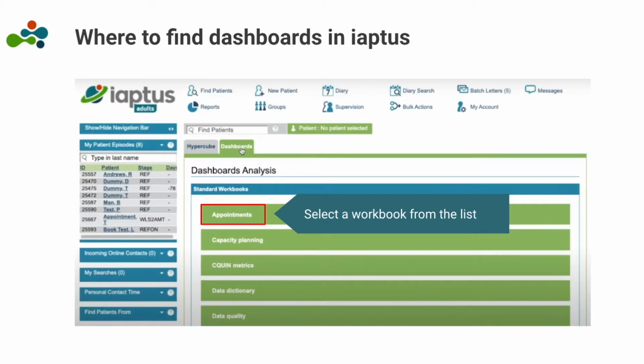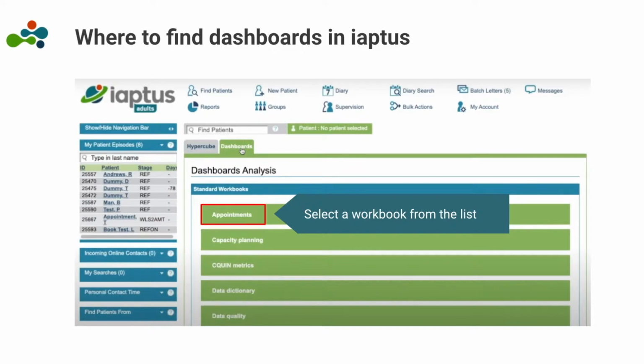When you click on the tab, you won't necessarily see the same set of workbooks in this list as another service. There is a set of basic workbooks covering activity at patient, referral and discharge and contact level. There are also workbooks that are focused around iaptus features, for example, online appointment booking, SMS, and web forms.